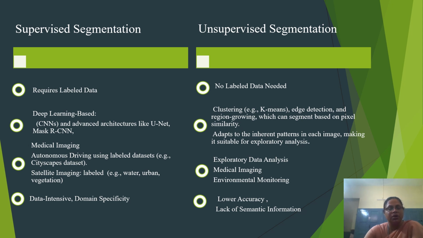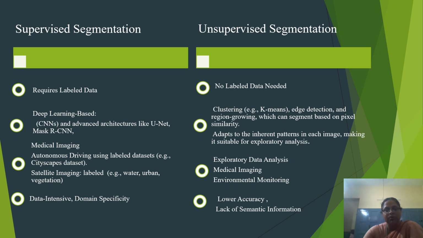Supervised segmentation requires labeled data, and the models applied are deep learning models, where CNNs and advanced architectures like UNet are used. It is applied in medical imaging, autonomous driving, and satellite imaging, but it is data intensive and domain specific.